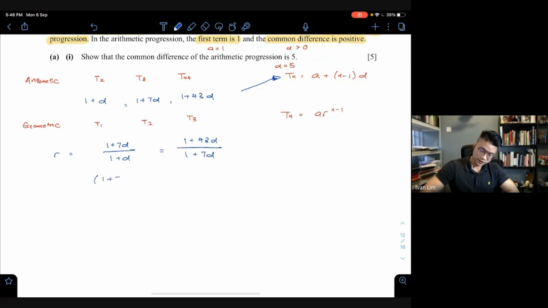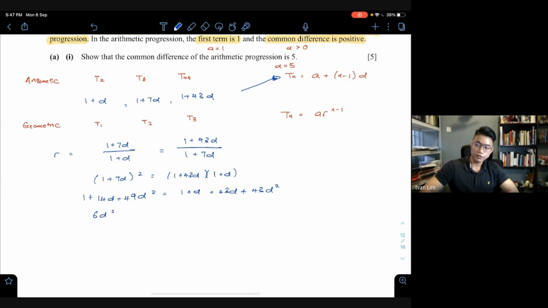(1 plus 7d) squared equals (1 plus 43d)(1 plus d). Open up the brackets here. 1 plus 14d plus 49d squared equals 1 plus d plus 43d plus 43d squared. Simplify it.